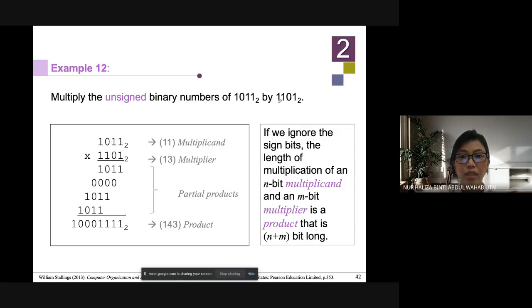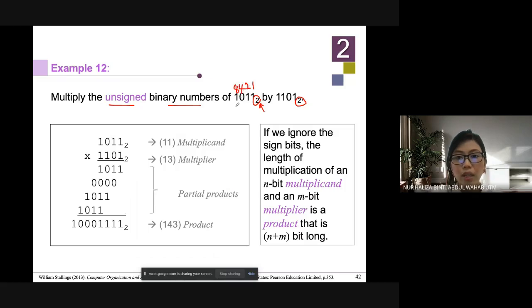Unsigned integer, you can see over here, multiply the unsigned binary number 1011 by 1101. See over here, it already gave a hint like the example I told you just now. Here you were given the hint that this is a binary number, not your first complement, not your second complement. This one is binary number 1011, 1101. So this is a binary number, you get 1, 2, 4, 8.